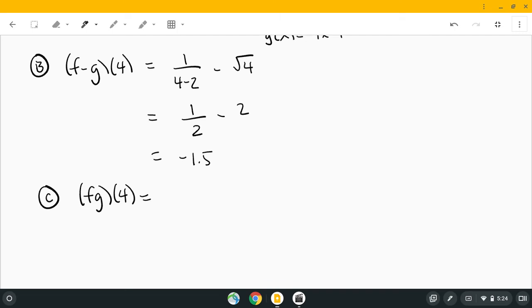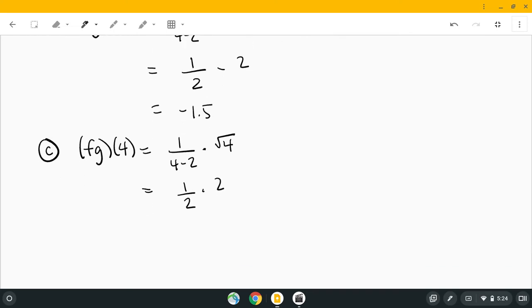Or if you want to just split them up, you can split them up and do one at a time. So you could do this as well. 1 over 4 minus 2 times the square root of 4. And you would get this, which equals 1. Okay.